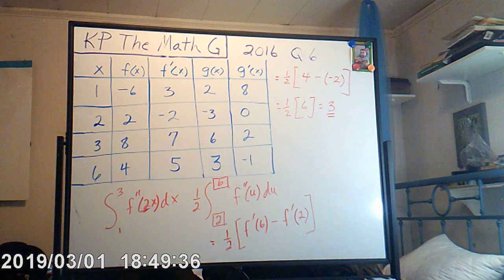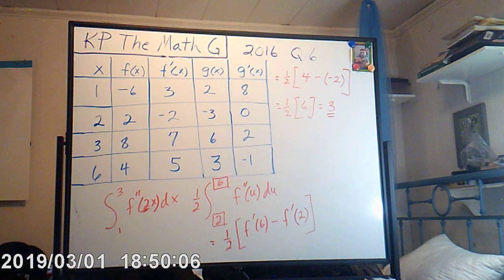Alright, and this is question number 6. For some reason or another, I was supposed to have gotten a 5 here instead of a 4. That's why I thought the other answers are correct. Let's see.